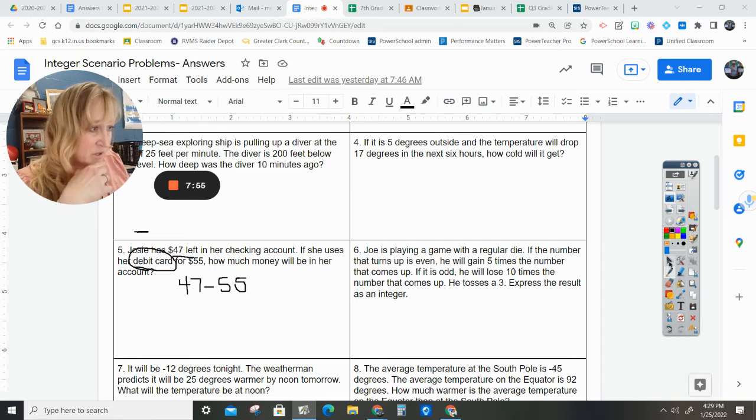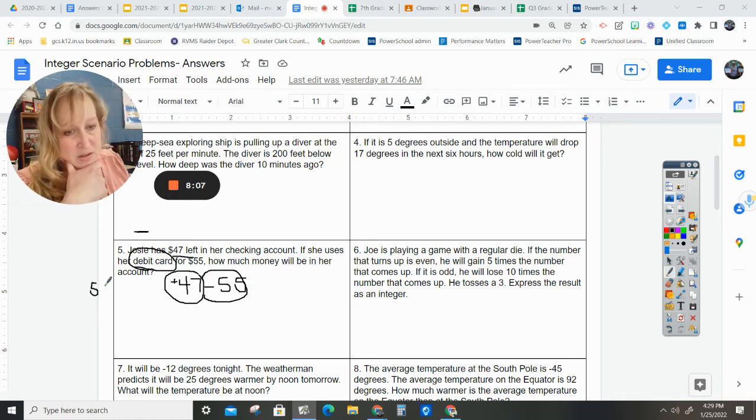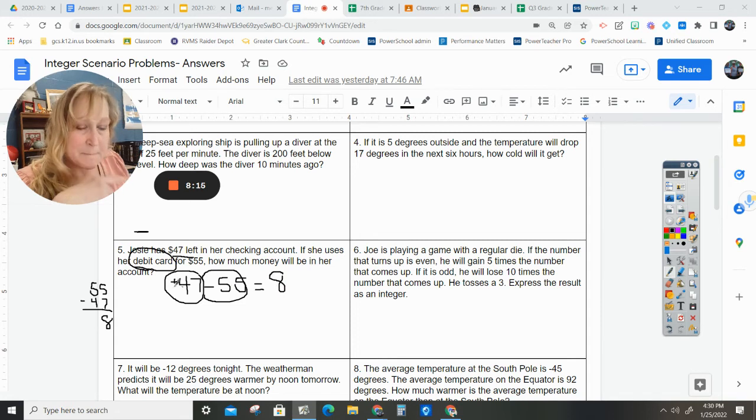Again, I recognize that I have a positive 47 and a negative 55, so they're different, so I have to subtract. I get 8. But which one is further from 0? Well, the 55 is furthest from 0, so the negative sign wins.